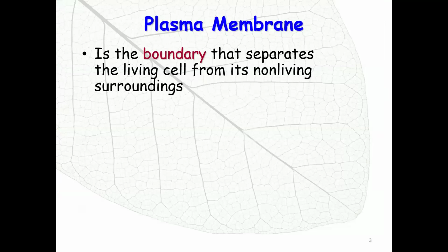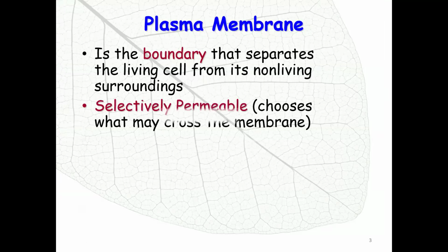The plasma membrane is the boundary that separates the living cell from its non-living surroundings, and it is selectively permeable, choosing what may cross the membrane and what may not.